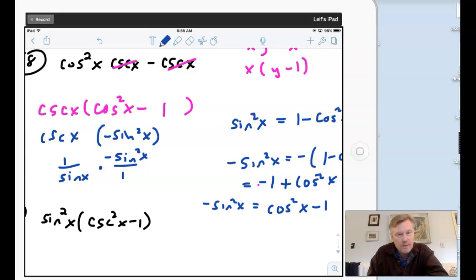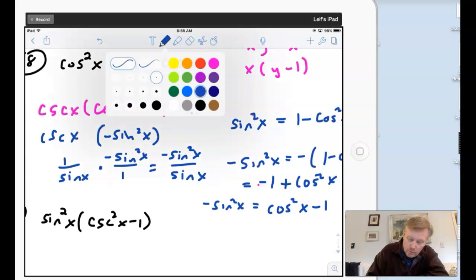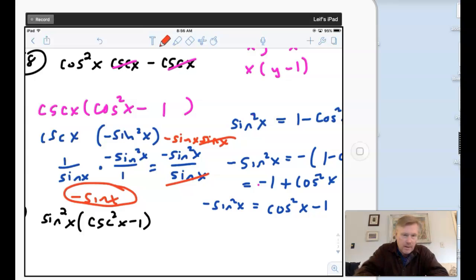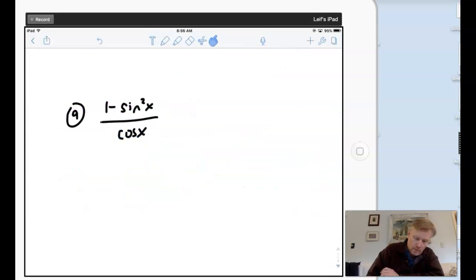Okay, so I've got 2 sines in the numerator and 1 in the denominator, and of course I also have a negative. So if I have 2 sines in the numerator, one of them will cancel with the 1 in the denominator, and I'm left with the negative sine of x, and that is my answer. Number 9, a little quick.